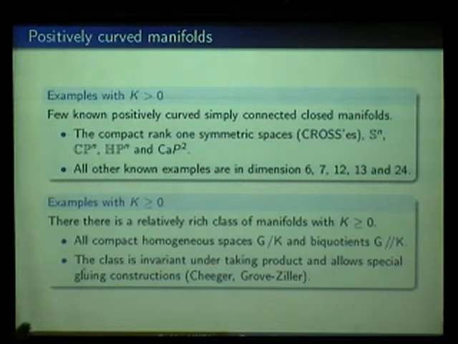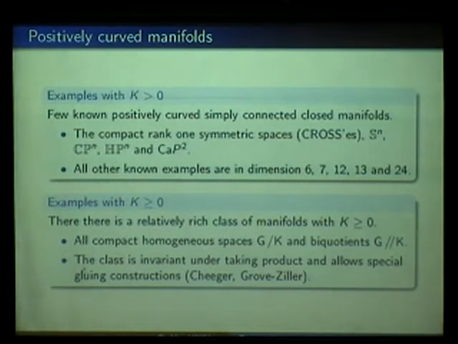And then, of course, it's invariant under taking products, and there are also some special gluing constructions which you can do. This has been carried out by Shiga first, and then a rich class of examples was exhibited by Grove-Ziller, right? So that's one thing. So the examples are drastically different between non-negative sectional curvature and positive curvature.